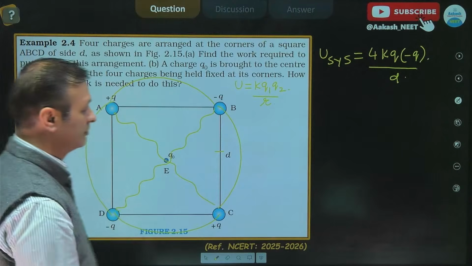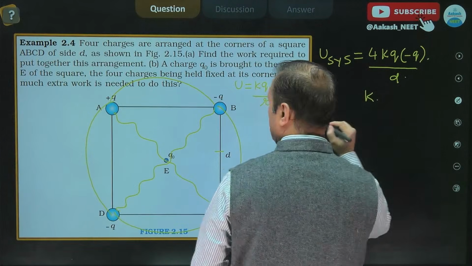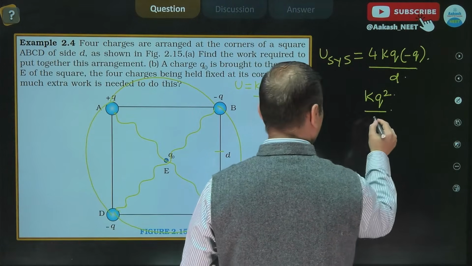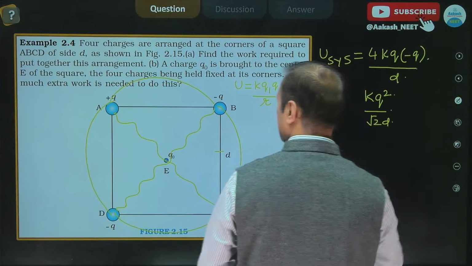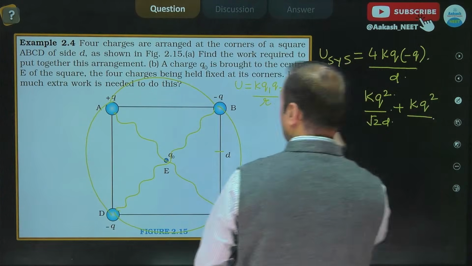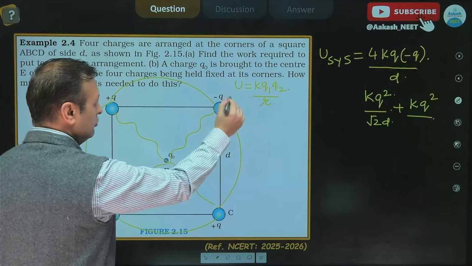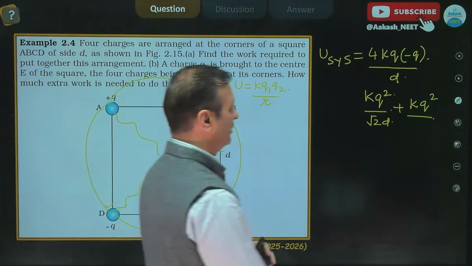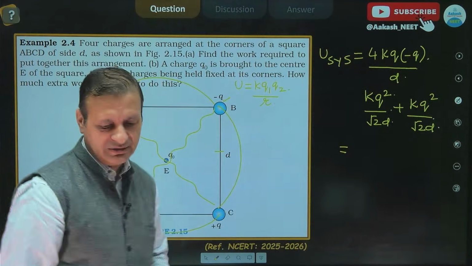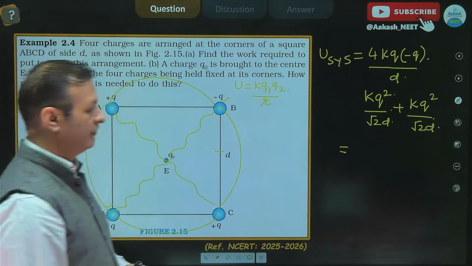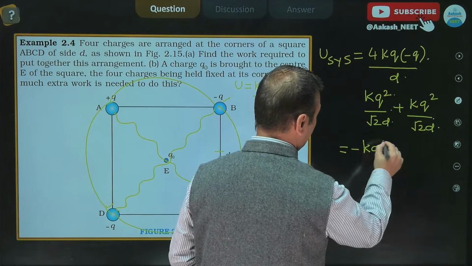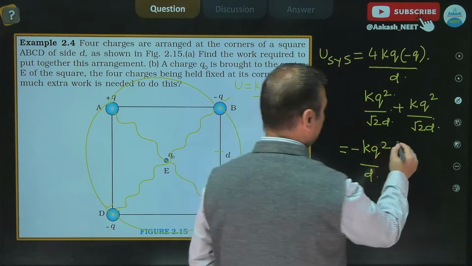So this is one pair, K Q square by root 2 D, and there is another pair K minus Q, so this pair minus Q and minus Q also gives you Q square, and this is diagonal root 2 D. So just simply rearrange all these, it will give you the answer for the final one. So this is minus K Q square by D.